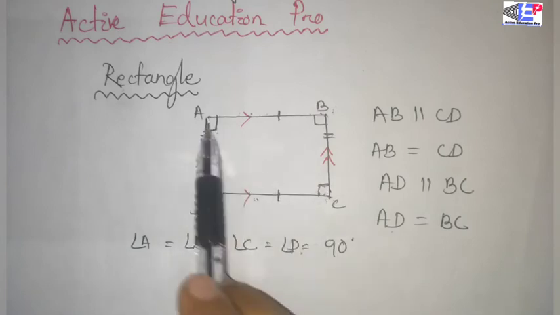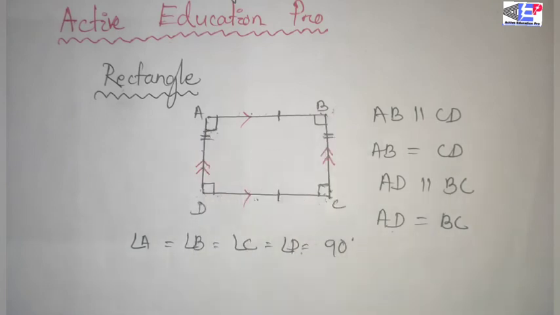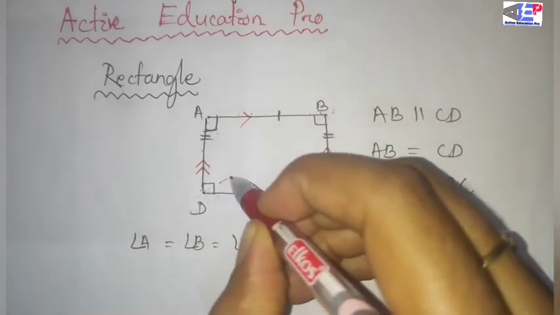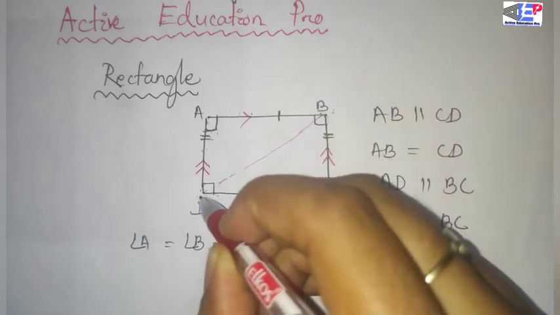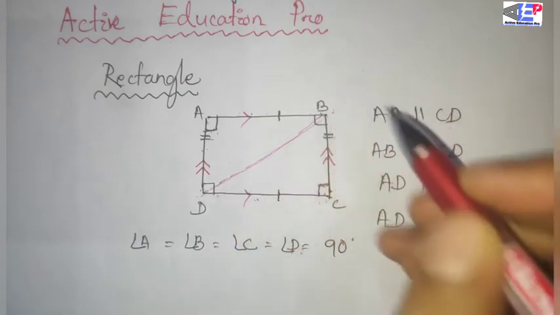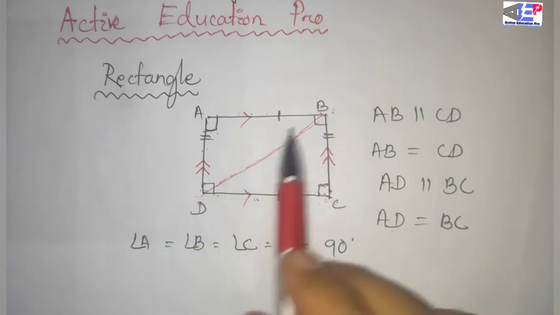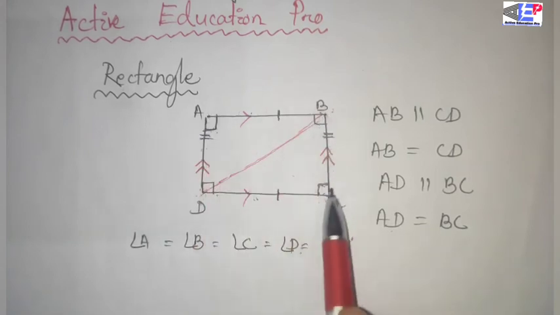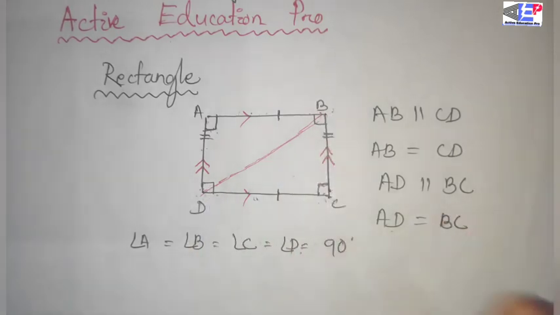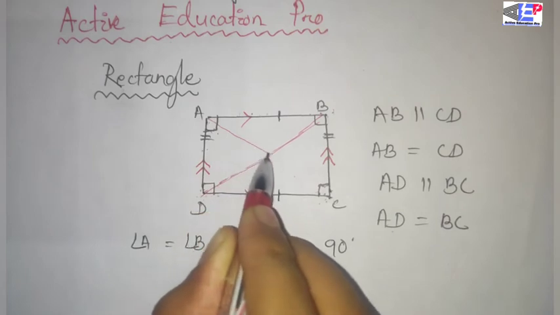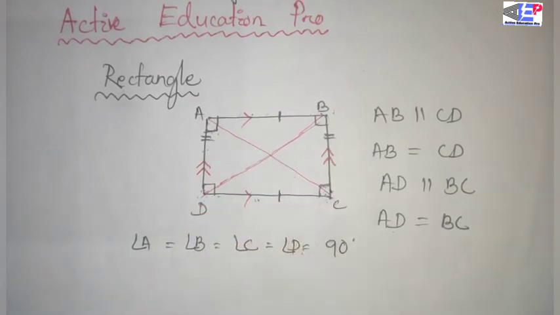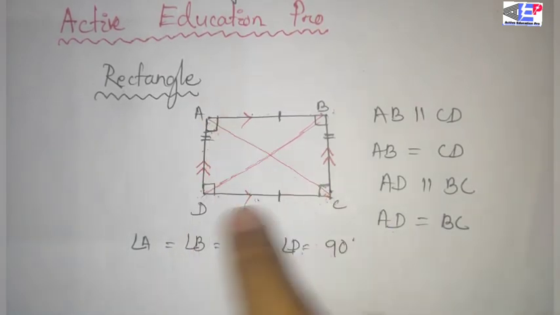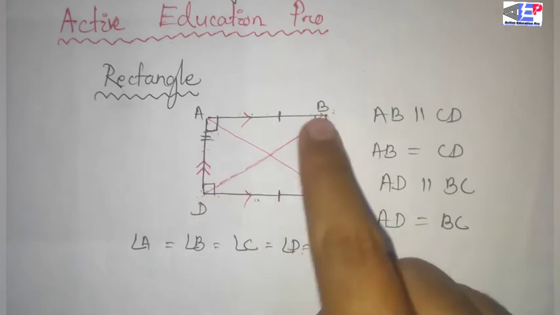If you join these two opposite vertices, then a line segment is formed, and this line is the diagonal of this rectangle. Here BD is the line segment joining the opposite vertices of the rectangle ABCD. So BD is a diagonal, and another diagonal is AC. So here AC and BD are the diagonals.